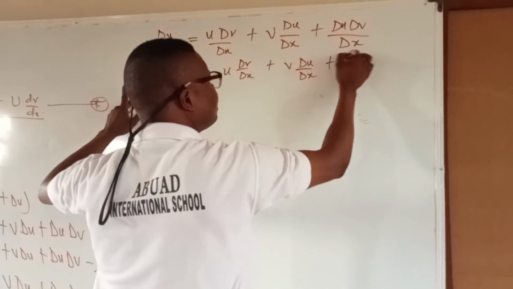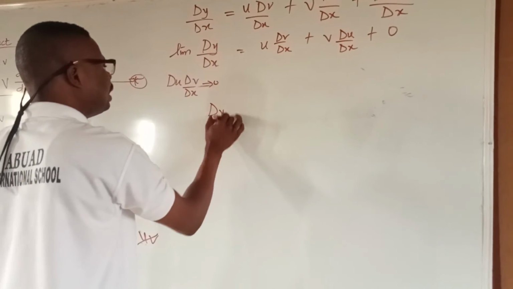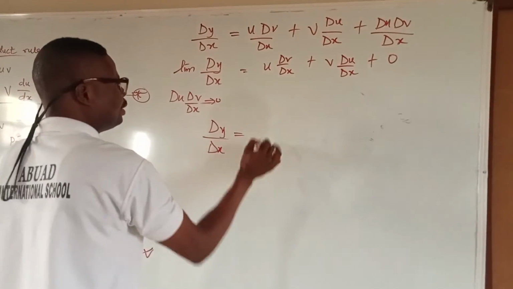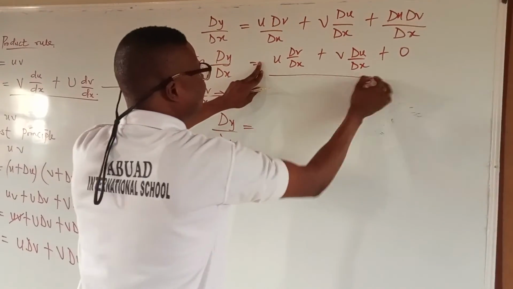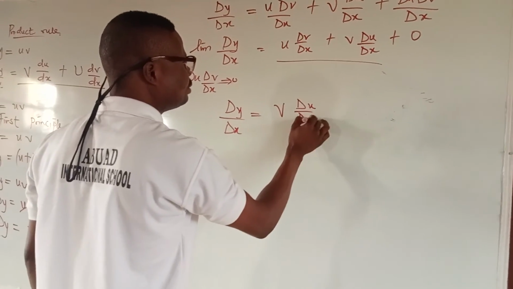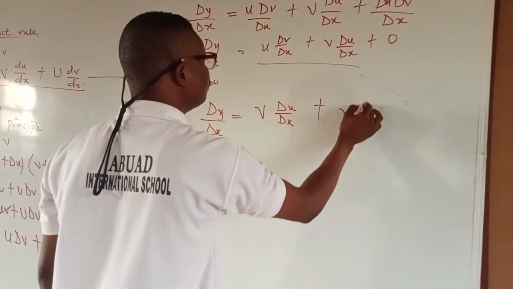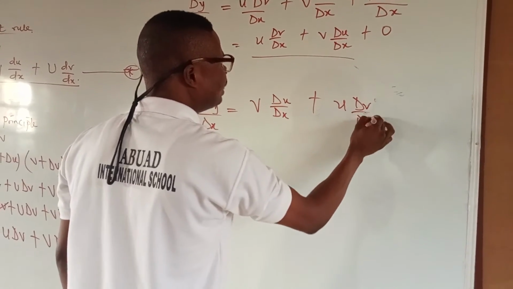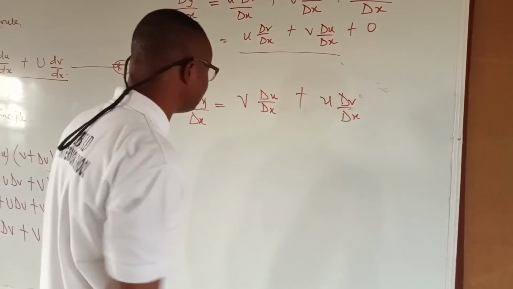So we can now have dy over dx equals, we can better rearrange it to have v du over dx plus u dv over dx. So plus 0 doesn't have a significant effect.